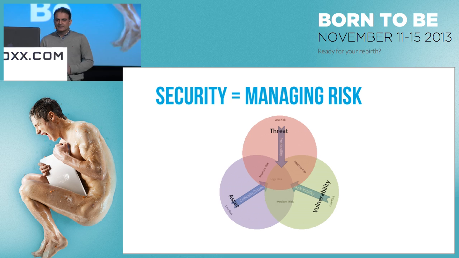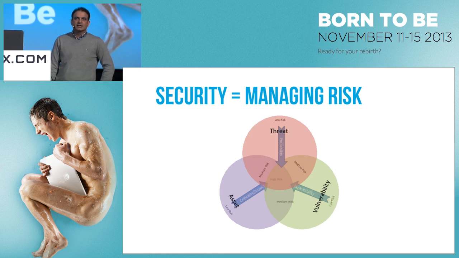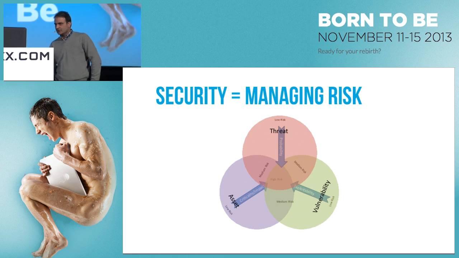The first one is your assets. That's something valuable to you or to your organization. That's your users, user accounts, money, your applications, and whatever is critical for your business in that domain.